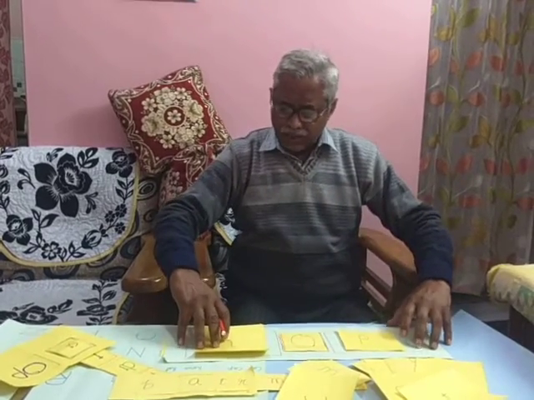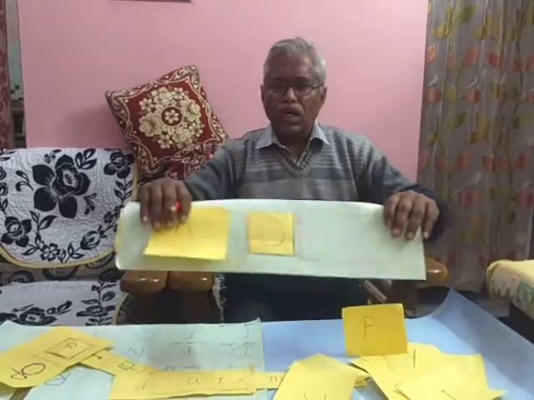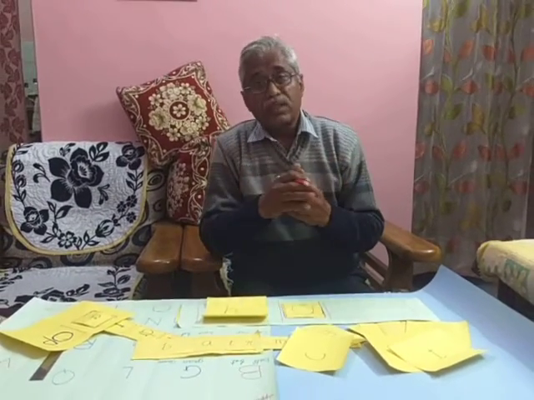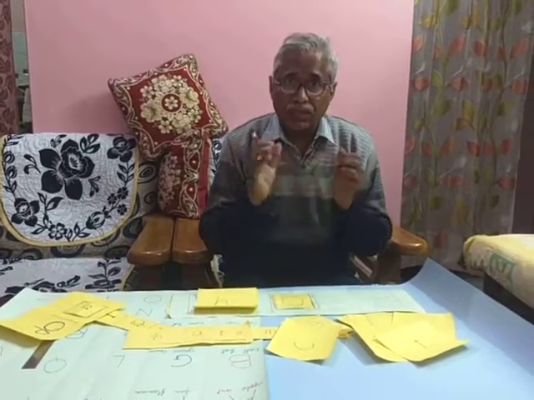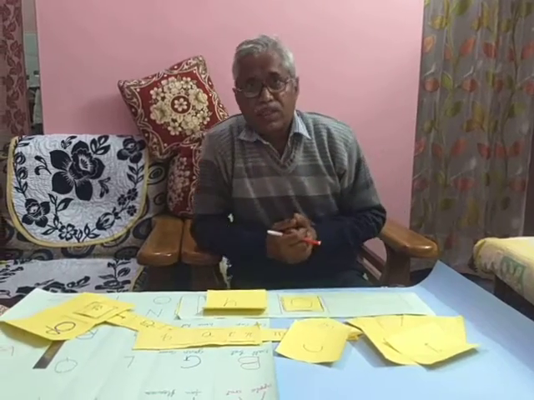So in class, while teaching class 1 and 2, we have to follow certain activities, like these activities we can take up, and these activities are going to make children very comfortable in learning English. Thank you.